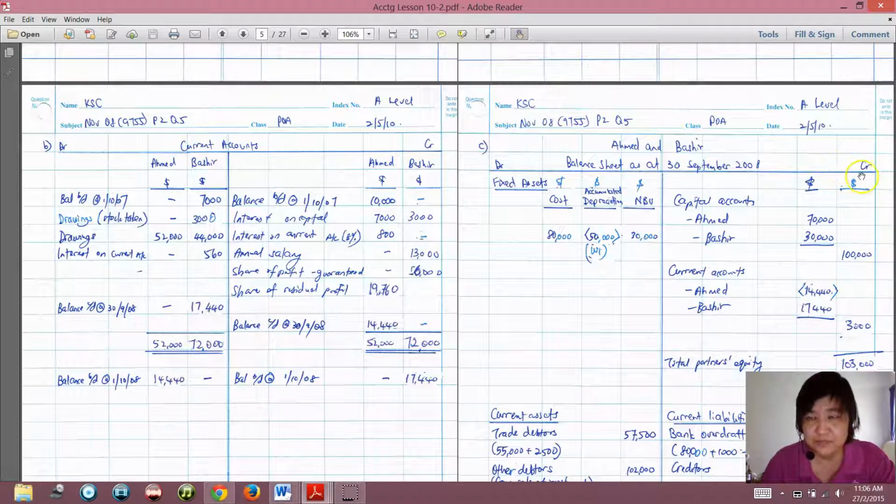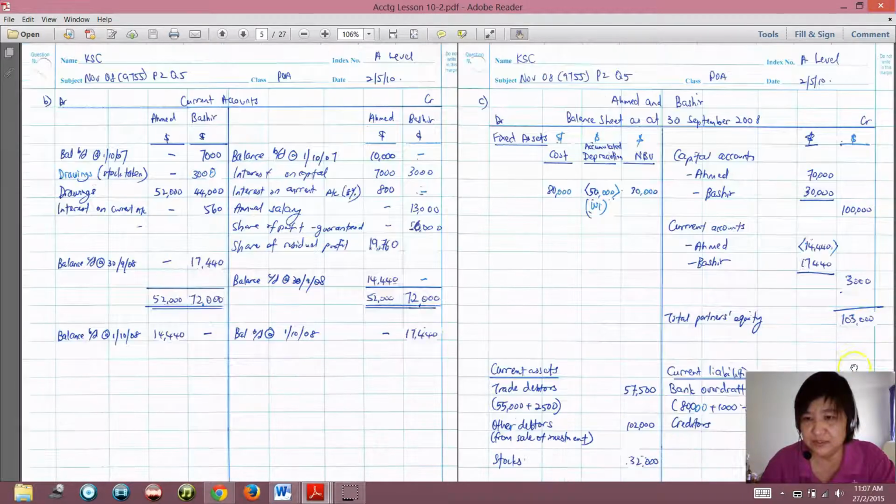You are supposed to put current account balance on the credit side of the balance sheet, but it's a debit balance, so that means it's a negative on the credit side of the balance sheet. Because this is a debit, right? So you put a bracket, meaning negative. These two added together are 3,000. So the total equity is 100,000 plus 3,000, 103,000.